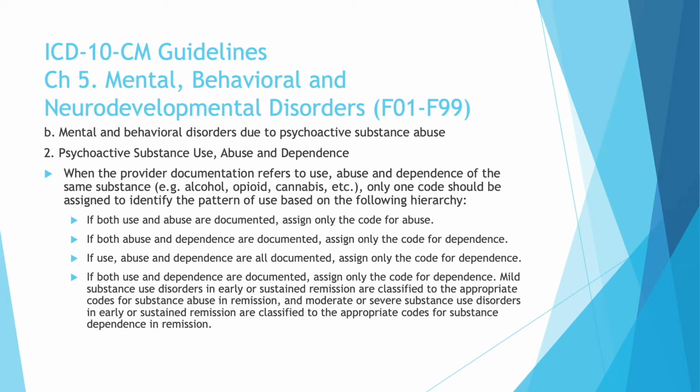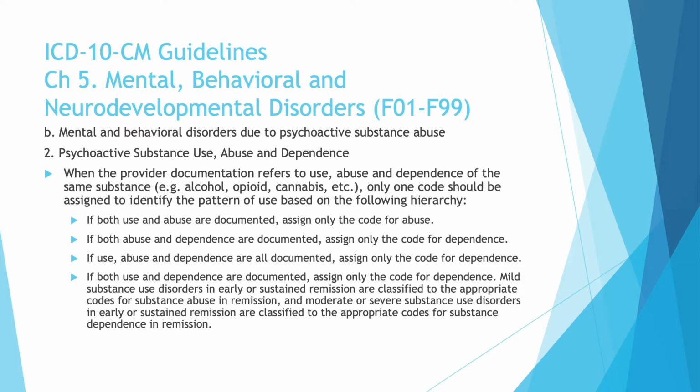And in Chapter 5, Part B, number 2 of the guidelines for psychoactive substance use, abuse, and dependence. Now, when a provider's documentation refers to use, abuse, or dependence of the same substance, such as either alcohol, opiates, or cannabis, only one code should be assigned to identify the pattern of use based on the following hierarchy.